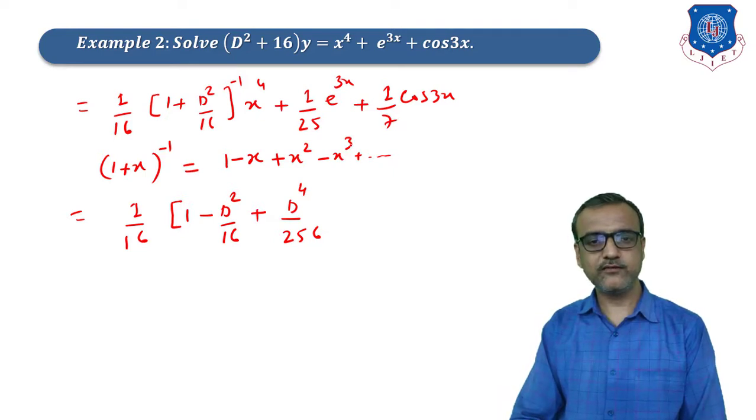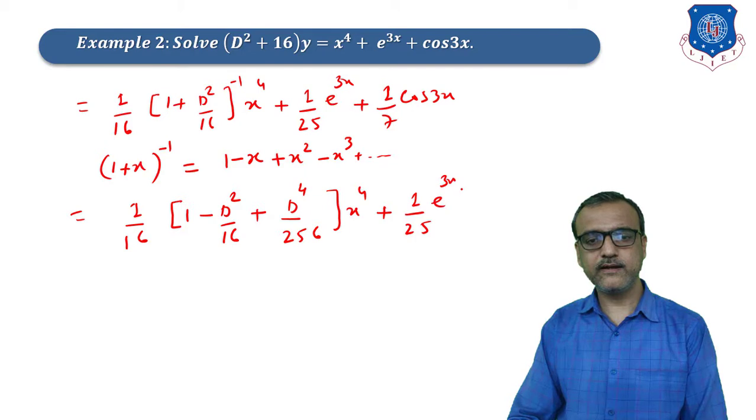So we will not write the term of D raised to 6, because D raised to 6 of x raised to 4 will become 0. So this is x raised to 4, and these two terms will be as it is, that is 1 over 25 e raised to 3x plus 1 over 7 cosine of 3x.